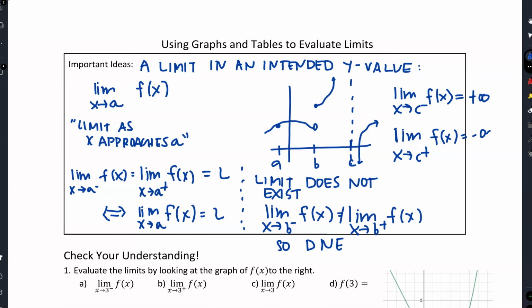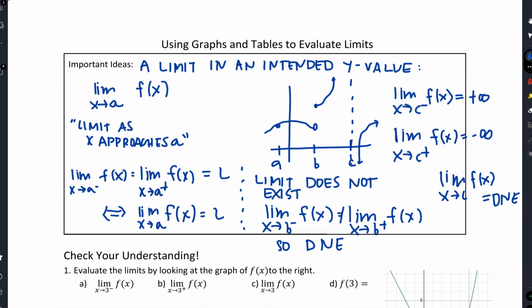It's going to negative infinity. So since those two things don't equal each other, then that limit does not exist. So the limit as x approaches C does not exist. The individual limits do exist because they are going to positive or negative infinity, but they don't exist together.